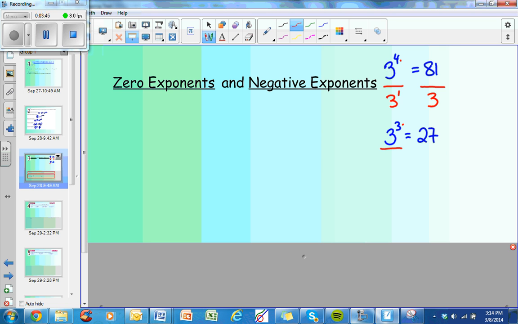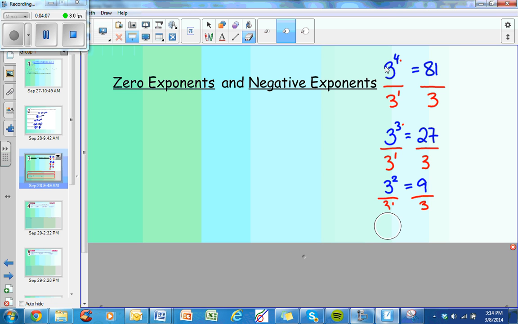If I divide again by 3 to the first, I'm going to get 3 to the second equals 9. If I divide again by 3 to the first, remember, we subtract our exponents. 2 minus 1 gives us 3 to the first. And that equals 3.